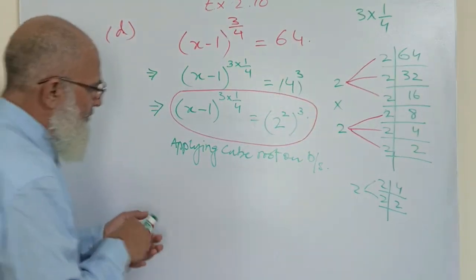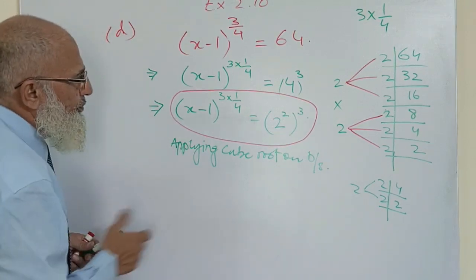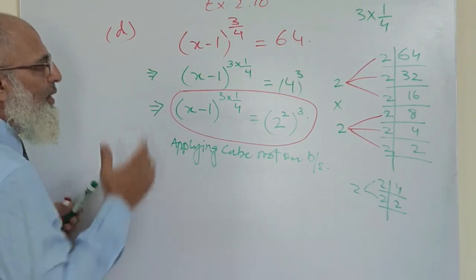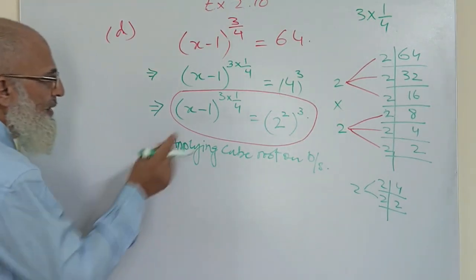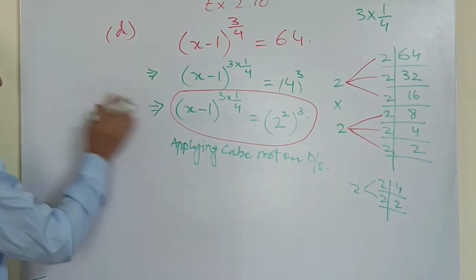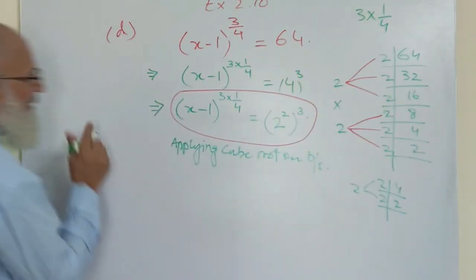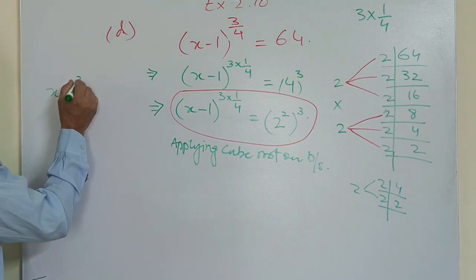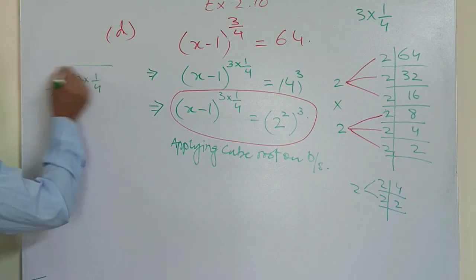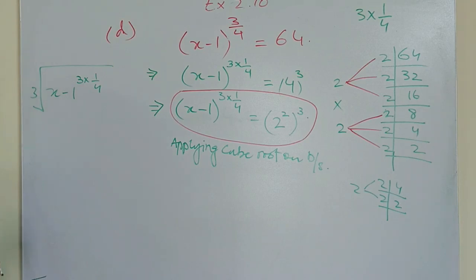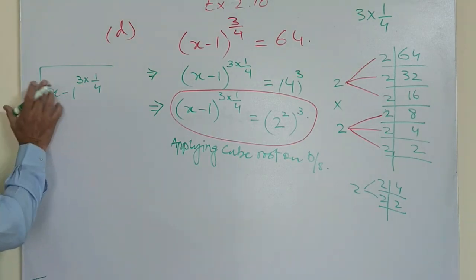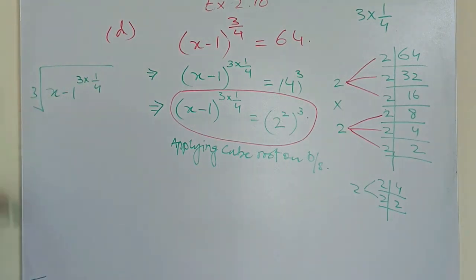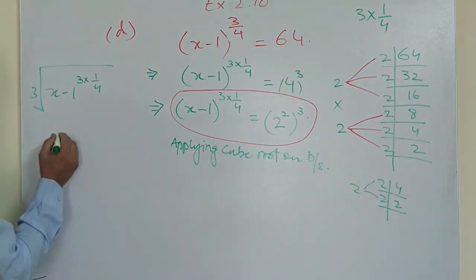Just follow my points. Now when I say applying cube root on both sides, what does it mean? It means that the whole term, like this left hand side and right hand side, let me do it here, will be like this. Okay, so when it is like this, you can write even this thing.